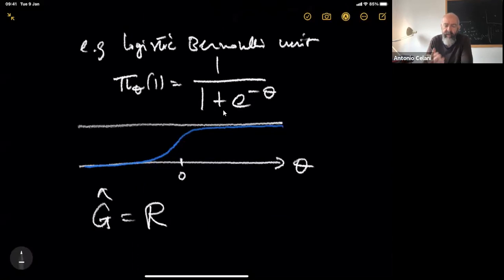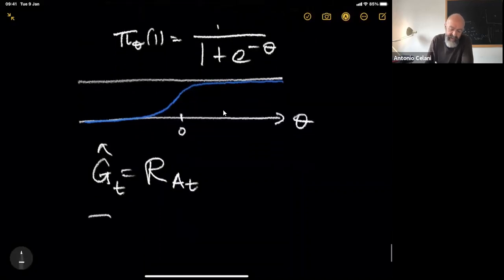And starting from the state is always the same. So your G_T is nothing but the reward you get when you play action A_T at time T. It's just the plain random reward. And what is grad log pi of action A_T?